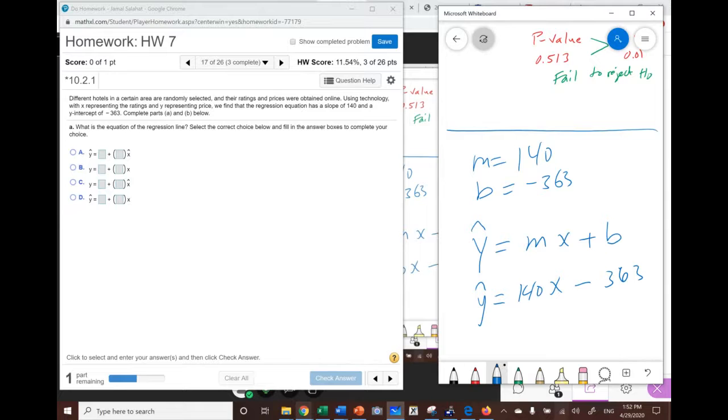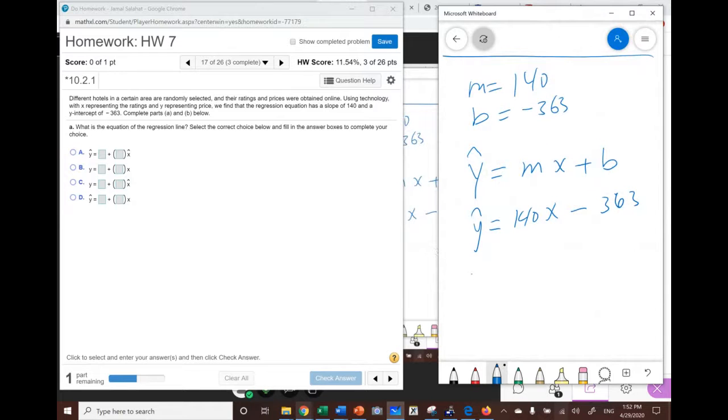Notice that you can reverse the problem if you want to. You can write it like this: y hat equals negative 363 plus 140x. You can reverse those two as long as the negative sign goes with the second number. And again, remember, this is a regression equation, so you have to have the y hat. So it's going to be either A or D, because it has y hat.